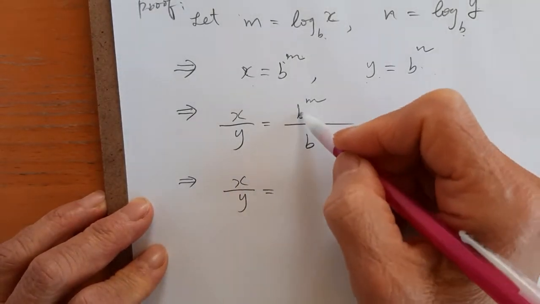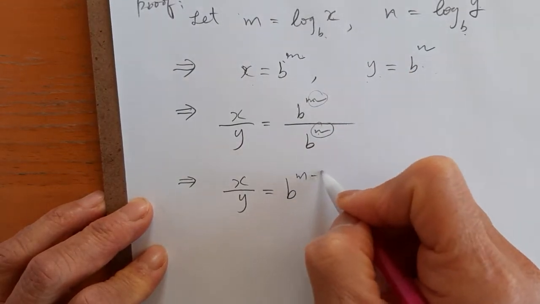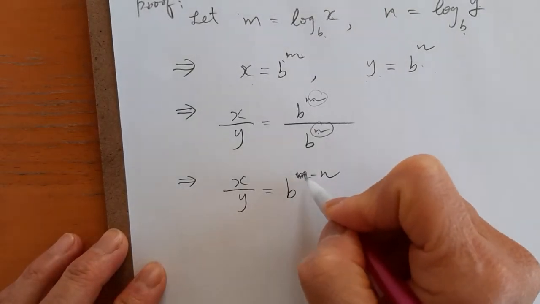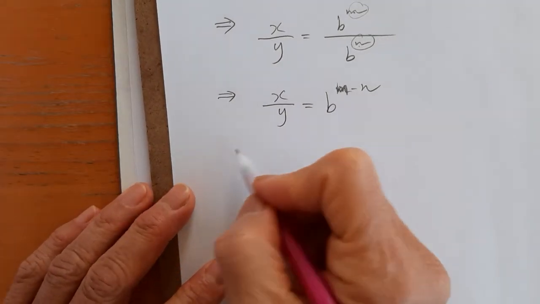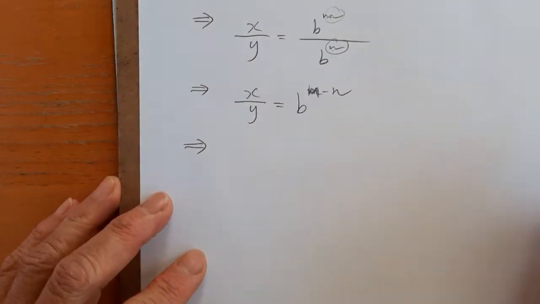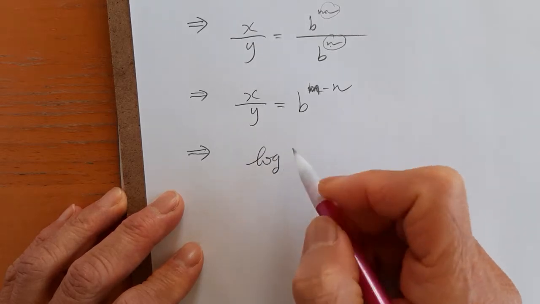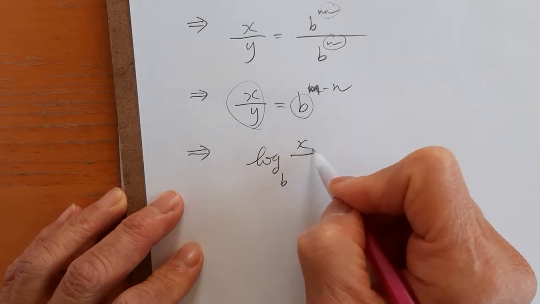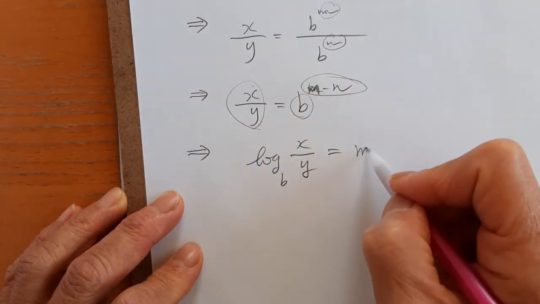The same base is b, you subtract exponents, m minus n. That's the quotient rule of exponent. And then change this exponential form to logarithm form. Base is b, function value x over y equals exponent m minus n.